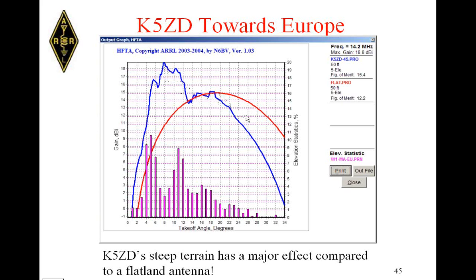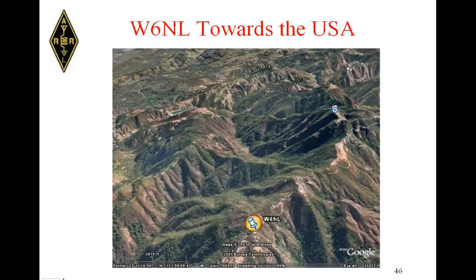It's taken the energy at the top and squished it over towards the left, so that he's got almost 19 dBi, 18.8 dBi of gain. Another couple dB, and he'd be in moonbounce range with a 50-foot high antenna pointed in this direction. So K5ZD's steep terrain indeed has a major effect compared to a flatland antenna. Randy does real well from that location.